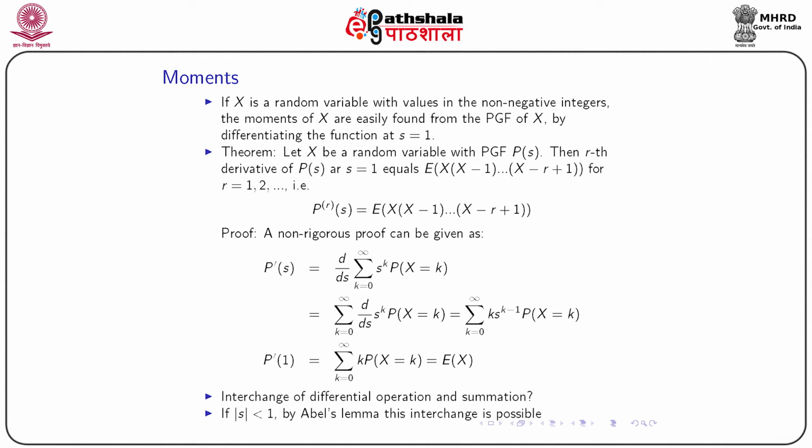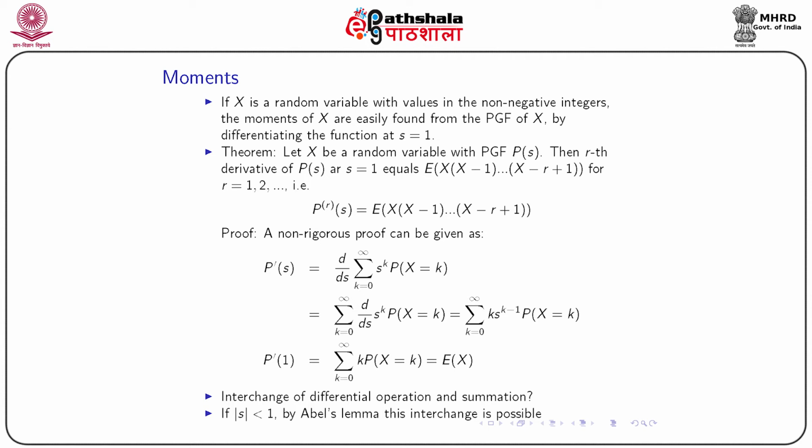We'll give a non-rigorous proof for this result. Why is this non-rigorous? I'll describe that. What is P prime? This is d/ds of the sum over k from 0 to infinity of s to the power k times probability X equals k. Now if I interchange the order of summation and differentiation, then it will be the sum over k from 0 to infinity of d/ds of s to the power k times probability X is equal to k.